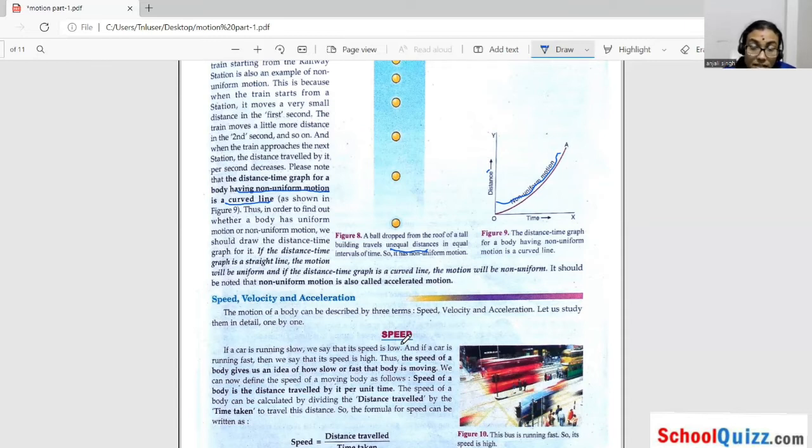Now, the next topic is speed, velocity, and acceleration. First we'll study speed. So what is speed? Speed just gives you an idea about how fast or slow the body is moving.